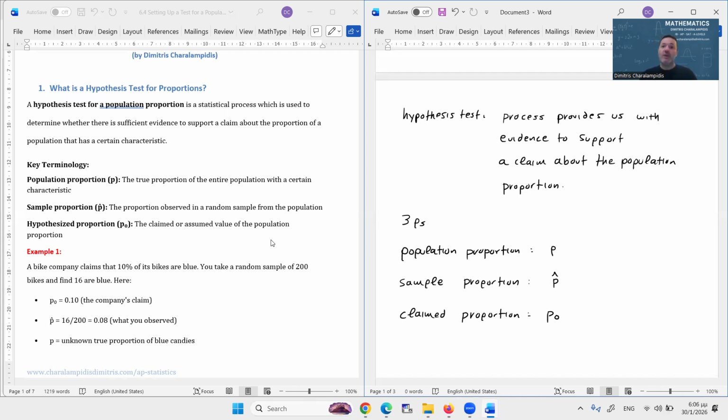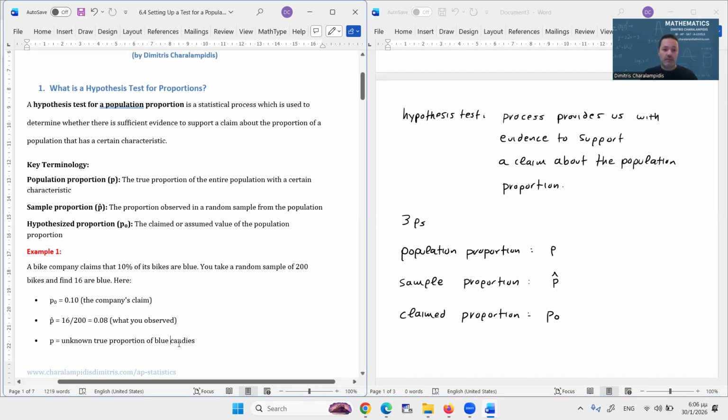Then, of course, we have the true population of all bikes, which, in order to be determined, we would have to check every single bike from that company. But the key concept remains: three different proportions, population proportion, sample proportion, and claimed proportion.